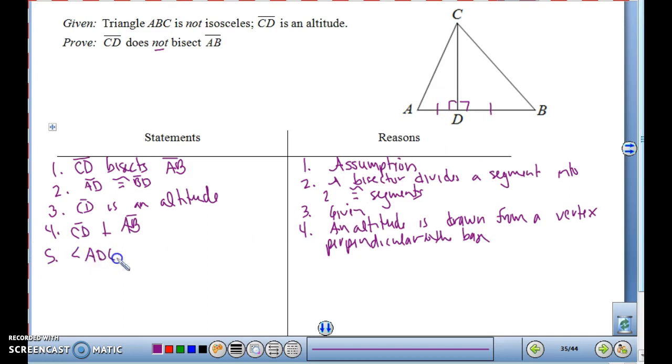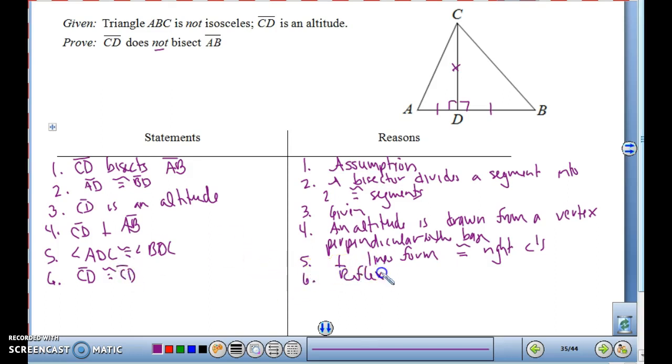Angle ADC is congruent to angle BDC, because perpendicular lines form congruent right angles. And then using the reflexive property for CD, I can prove that triangles ADC and BDC are congruent by side angle side.